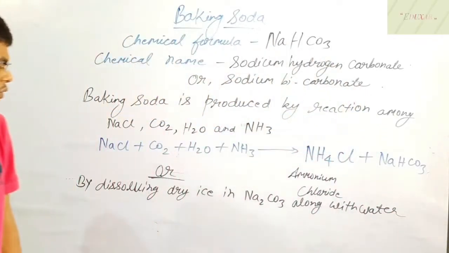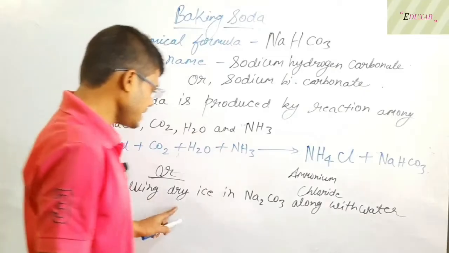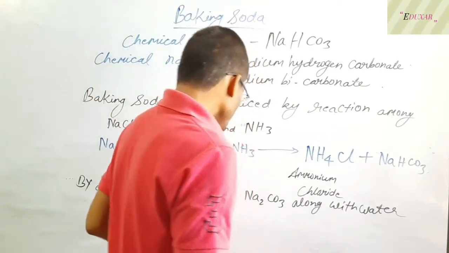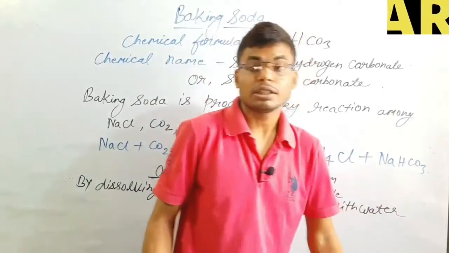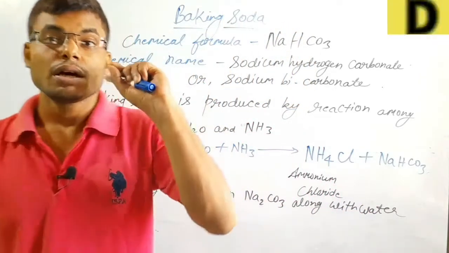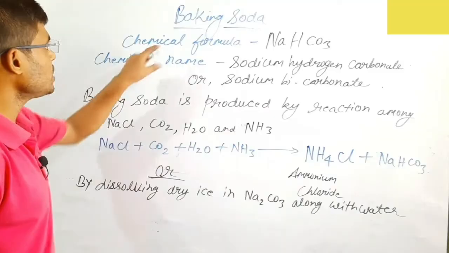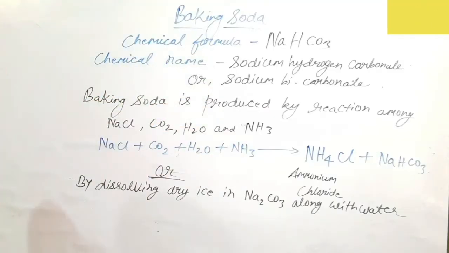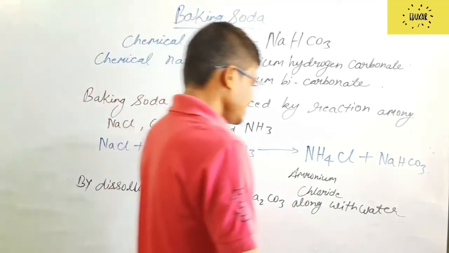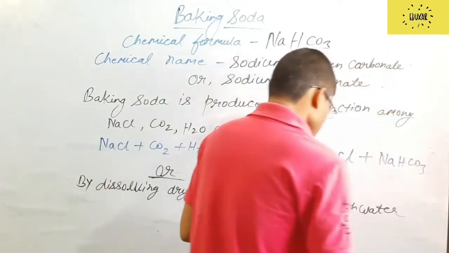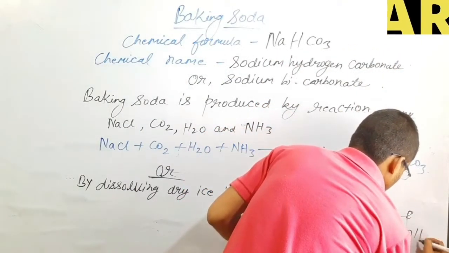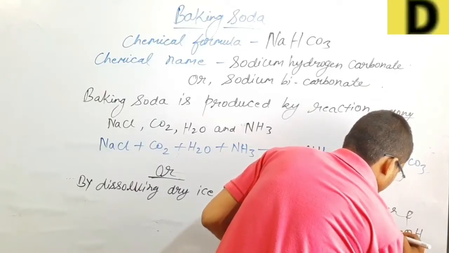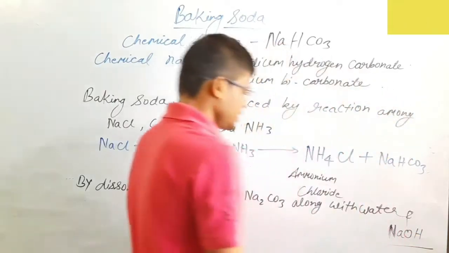Okay, whenever we react the dry ice, that is CO2, in Na2CO3 sodium carbonate along with the water, then we find out here the sodium hydrogen carbonate. One thing is missing here, that is the NaOH, also with water and NaOH. Sodium hydroxide is also in this reaction.